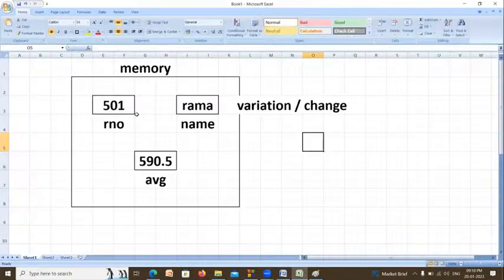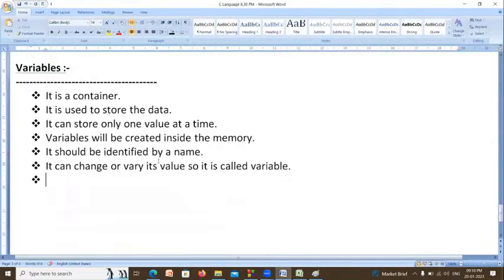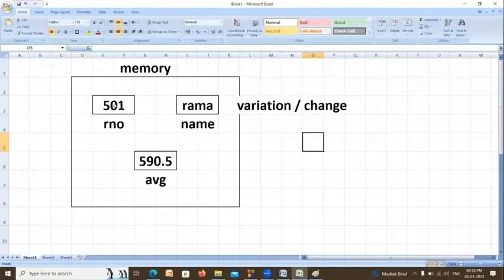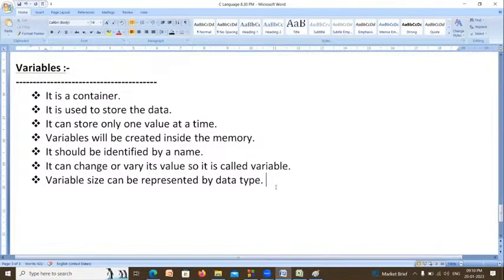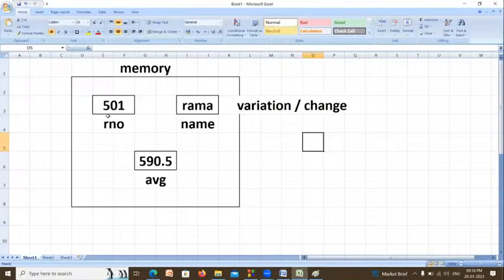Every variable should have a size. The variable size can be represented by data type. Suppose 501 is a number, no? A number can be represented as integer. What is the name of the variable? Roll number is the name of the variable.